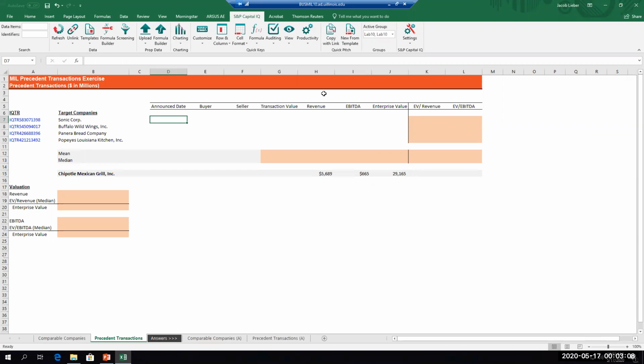Another thing to focus on here is there's not a whole lot of deals that occur in the restaurant space. There's not a whole lot of companies that are restaurants at the size and scale of Chipotle, as well as the business model. There's only a few companies that sell burrito bowls or burritos, for example. So it's really hard to triangulate on a truly comparable precedent transaction set.